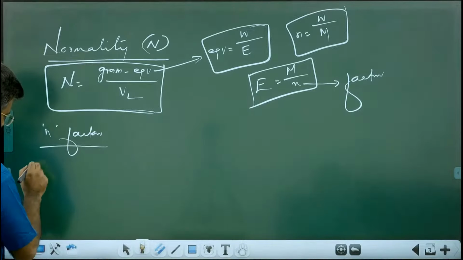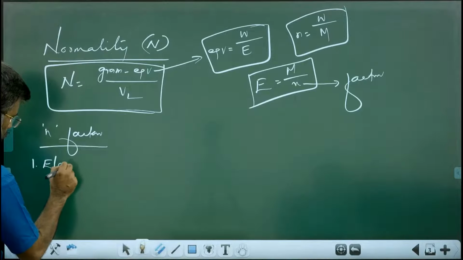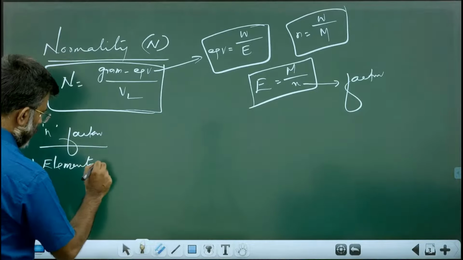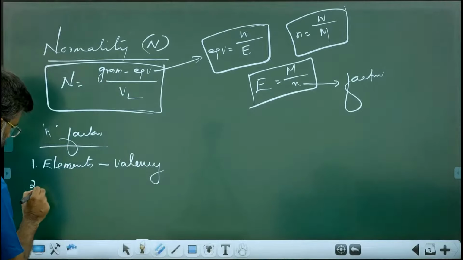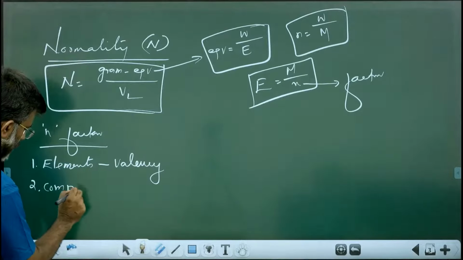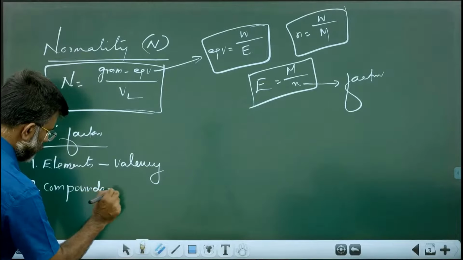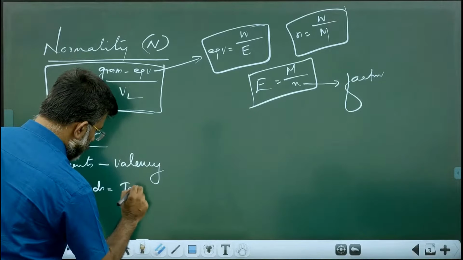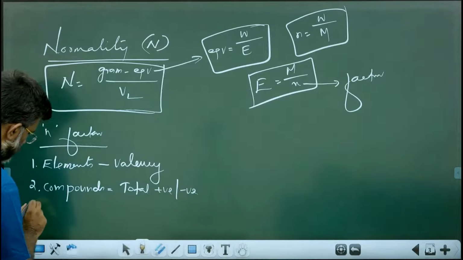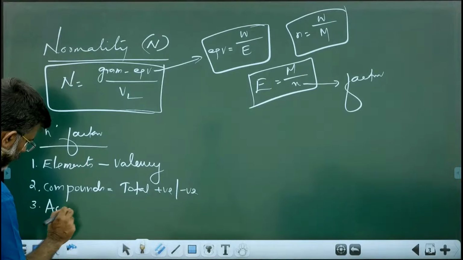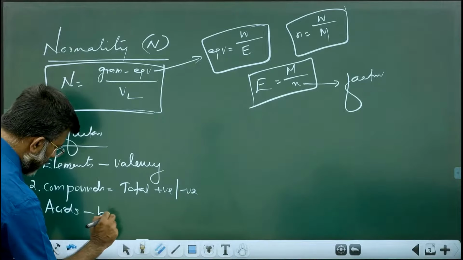N factor for elements, it is valency. N factor for compounds, it is the total positive or negative charge. N factor for acids, it is basicity.